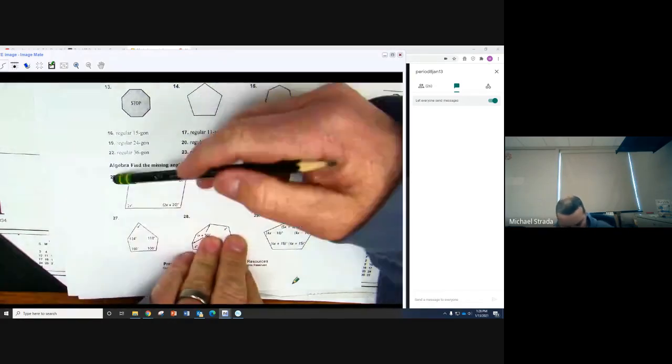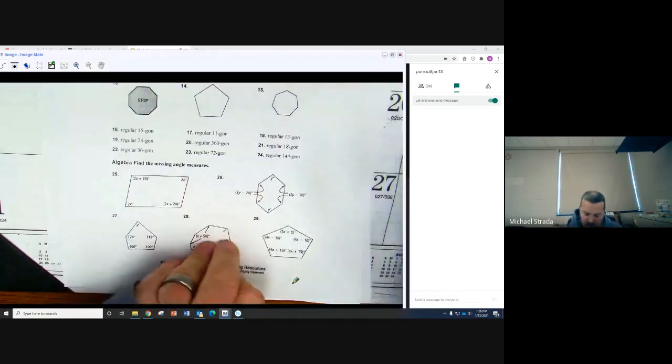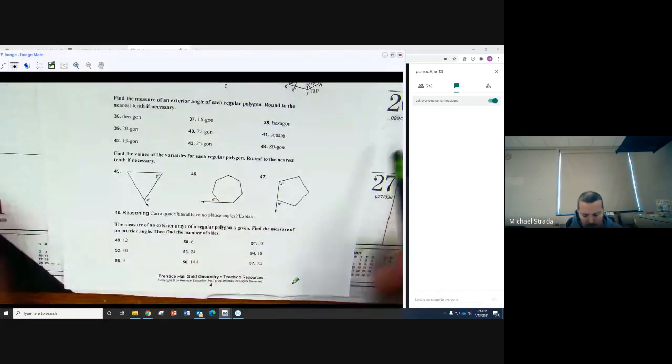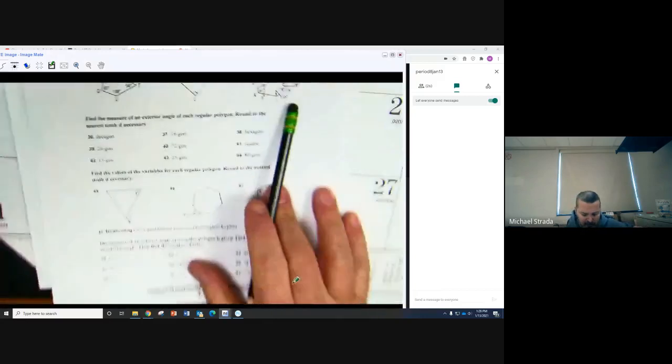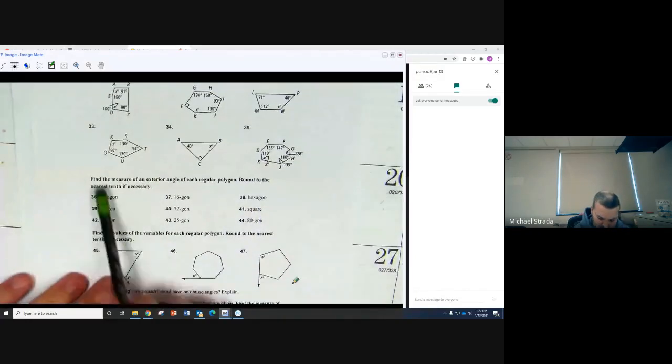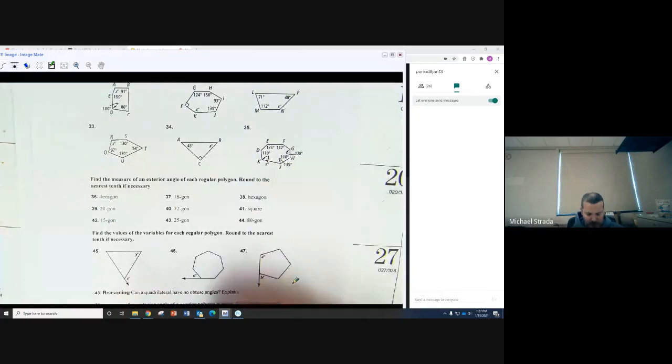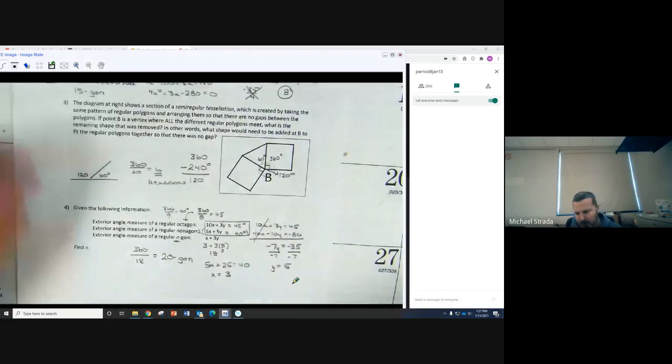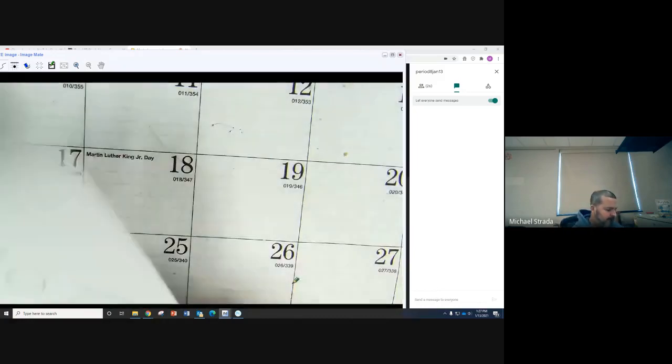So 25, 26, 28, 29 need to see work. 30 through 35, again, I don't really need to see any work. Same thing with 36 to 44 and moving your way down. It's a lot, but they should be able to be done quickly. That's the point of it. There isn't really a lot of work to be shown. And that is what is due tonight at midnight.